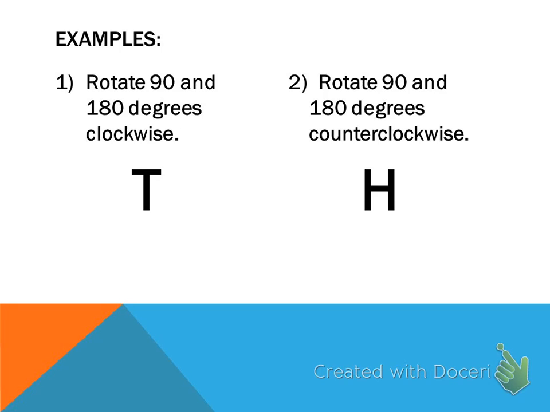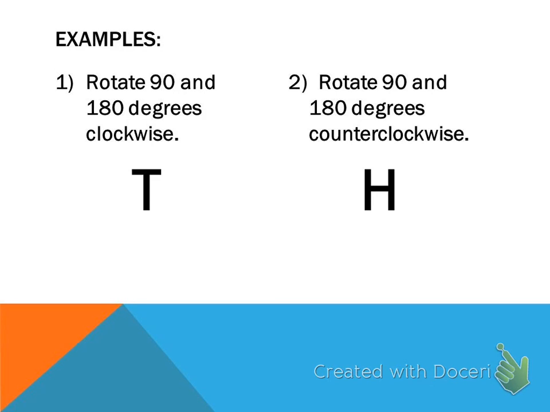On these examples, we are just going to have to freehand our rotation. So we have to imagine that we are going to pick up this letter T, and we are going to first rotate it 90 degrees clockwise, and then 180 degrees clockwise.